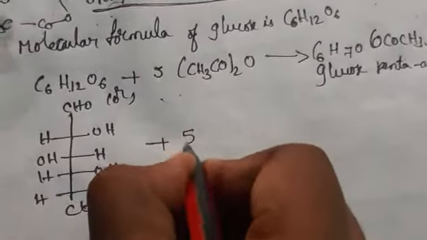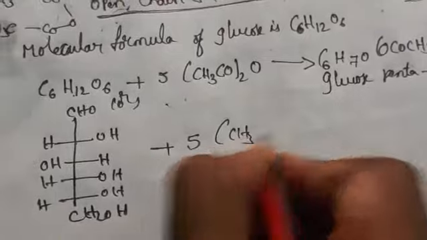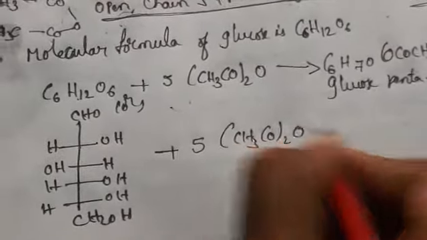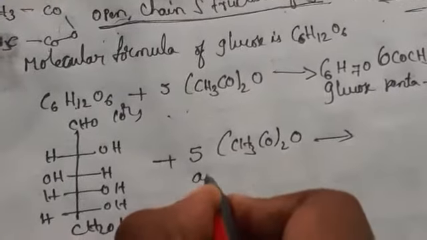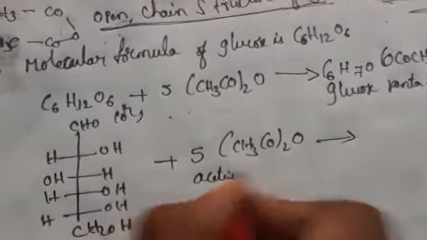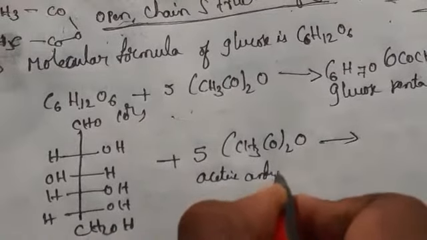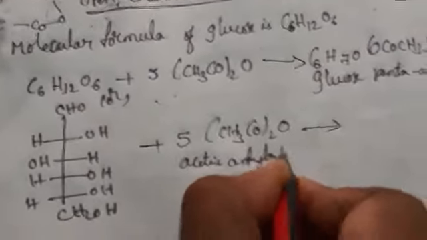So when we are treating with 5 moles of acetic anhydride, (CH3CO)2O, what will happen?